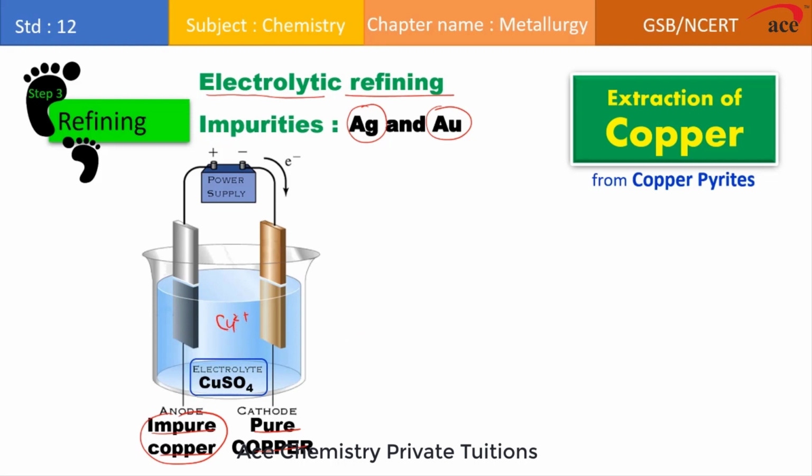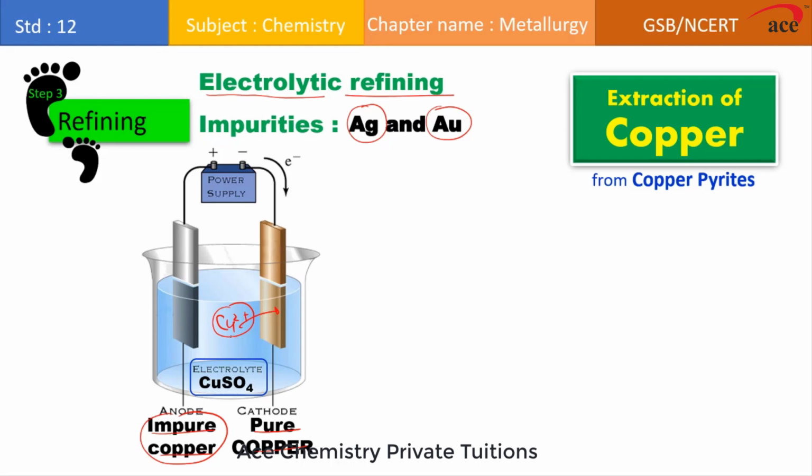When the process starts, all the copper 2 plus ions from the electrolytic solution get reduced and deposited onto the surface of the cathode. So the concentration of copper 2 plus ions decreases inside the solution.